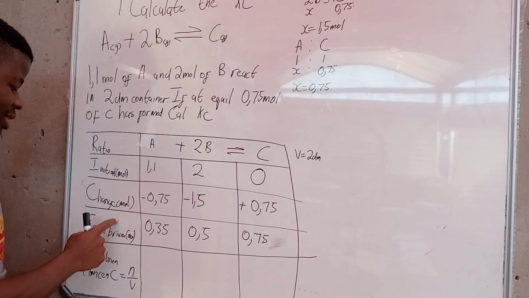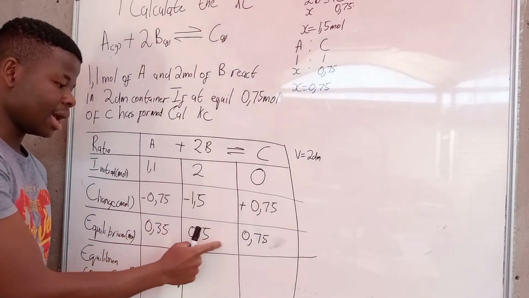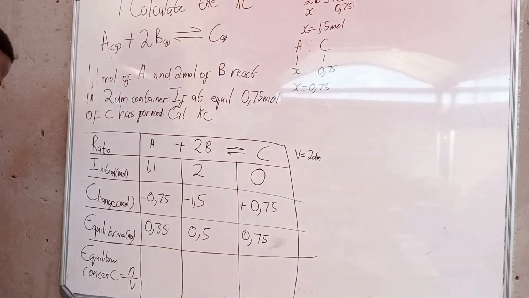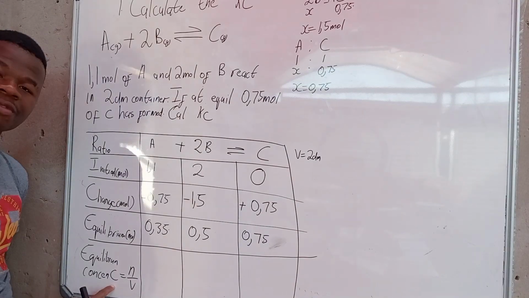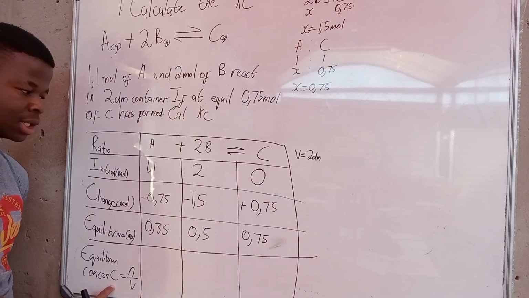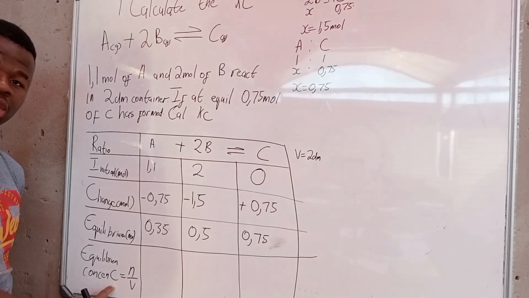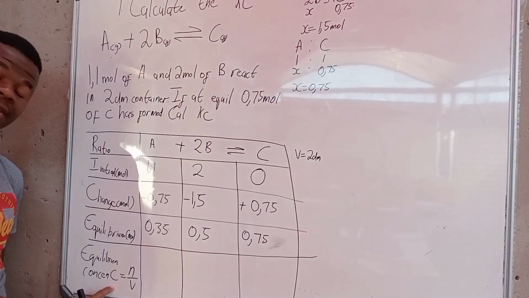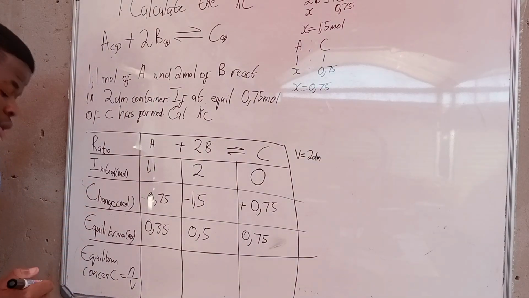So this is the number of moles at the equilibrium. So now you have to find the equilibrium concentration. How do we do that? You're going to use the formula of the concentration to find the equilibrium concentration.